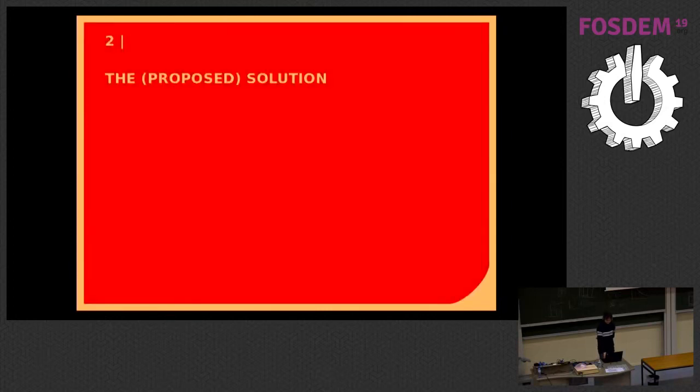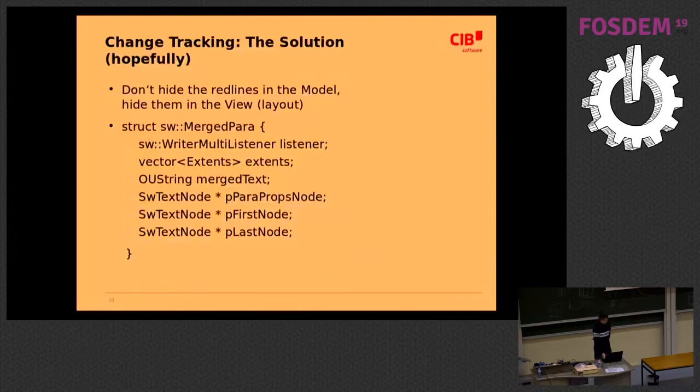So that is the problem, and the solution is conceptually quite simple. Essentially we want to get rid of this moving the redlines around in the document model. Instead, we want to just teach the layout, the document view, to hide the deletions.